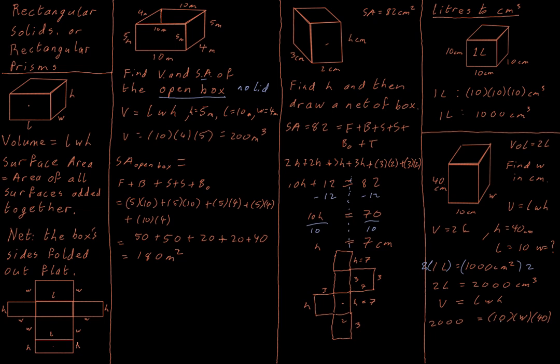So I know that the volume is equal to length by width by height, and rearrange. Divide both sides by 400, and the width must be 5 centimeters. And that's what we need for now.